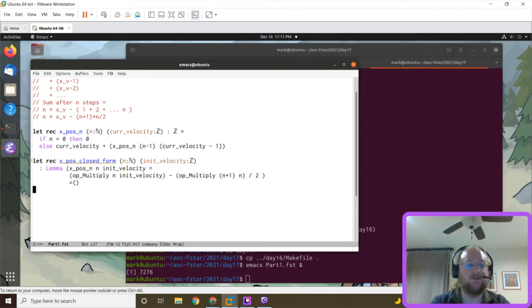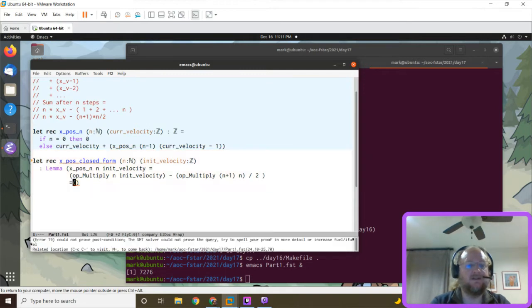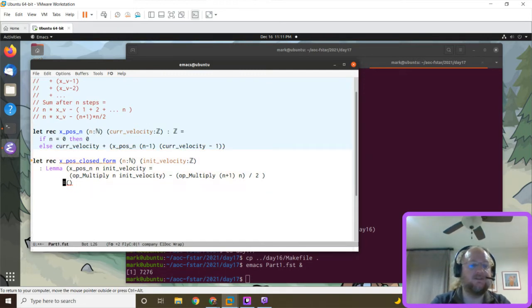All right, so that's what we asserted. It can't prove it automatically, but we should be able to prove it by induction. So if n equals 0, then it's 0, no problem.